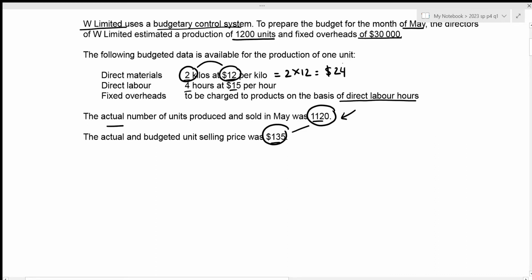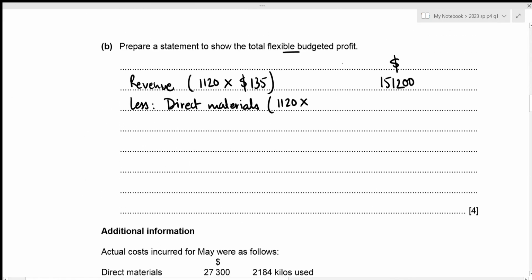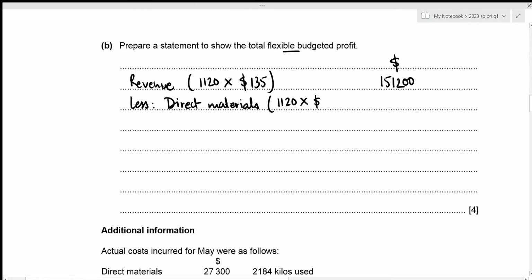Let's multiply this to our total number of output. So that will be 24, which gives the total direct materials to be 1120 times 24, which is 26,880. And since this is an expense or a cost, I'm just going to write it down in a bracket indicating that this needs to be subtracted. Then the next cost is of direct labor.